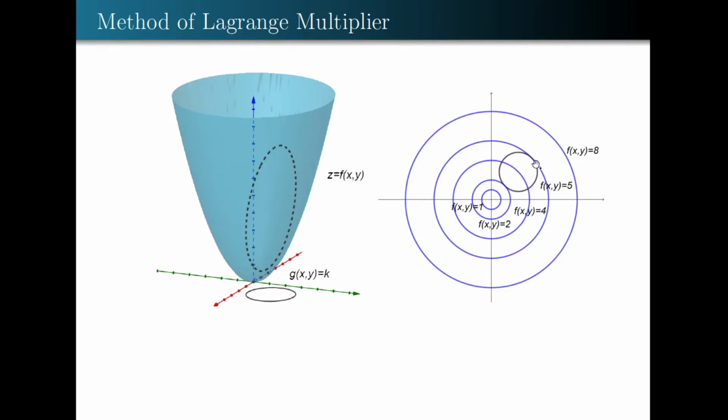Note that that happens when the constraint function is tangent to that particular level curve. Likewise, the minimum is achieved when the level curve is tangent to the constraint function. At these points of tangency, the normal line to the level curve is parallel to the normal line of the constraint function.